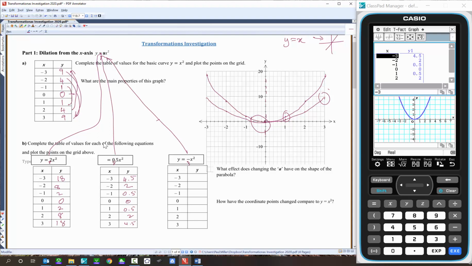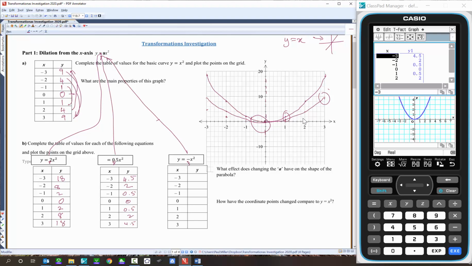All right, so you're going to plot those points, and what we'll note, we've got 0, 0, negative 1, 0.5, that's going to be really tough to plot, somewhere down here. And we've got negative 2, 2, which is here, and negative 3, 4.5, so there's 4 somewhere here.